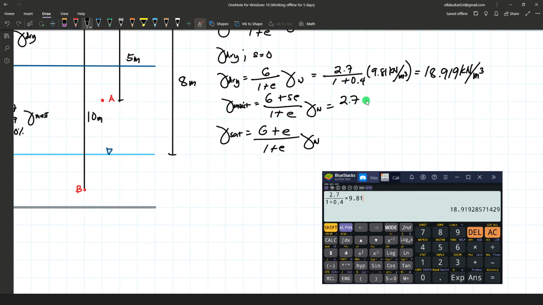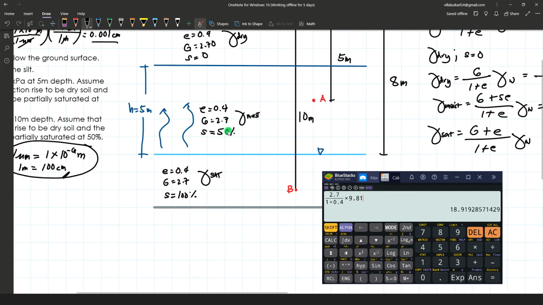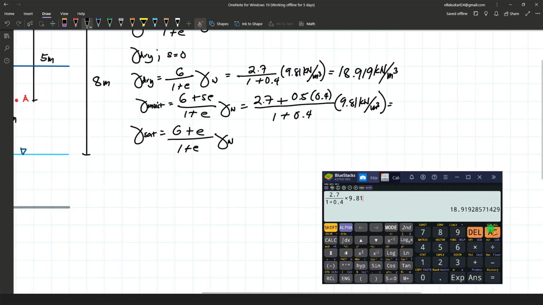Next, for the moist soil, we have 2.7 plus, so it is partially saturated here, which is 50%. So in decimal, that's 0.5 times E, 0.4, over 1 plus 0.4 times 9.81 kilonewtons per cubic meter.